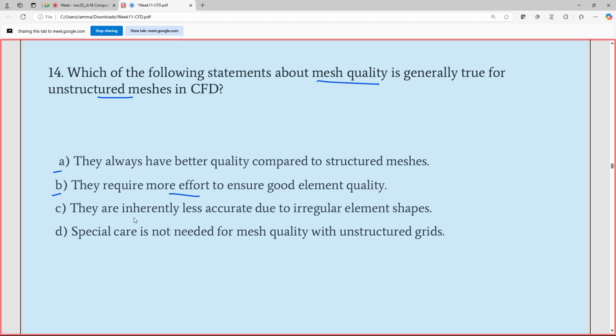Option C, they are inherently less accurate due to irregular element shapes. Option D, special care is not needed for mesh quality with unstructured meshes. So it is a broad question about the general aspects of mesh quality of unstructured meshes over structured meshes.